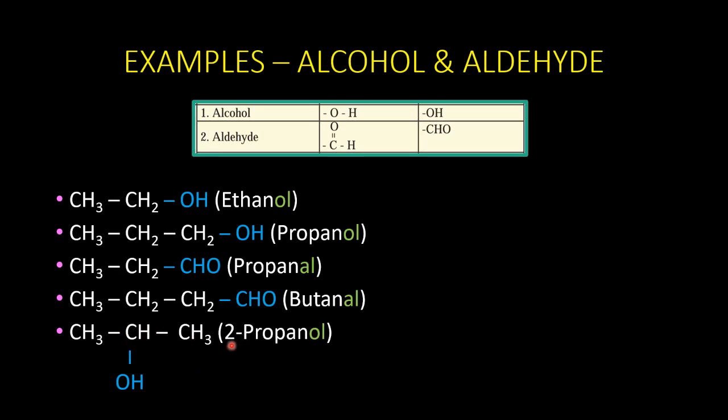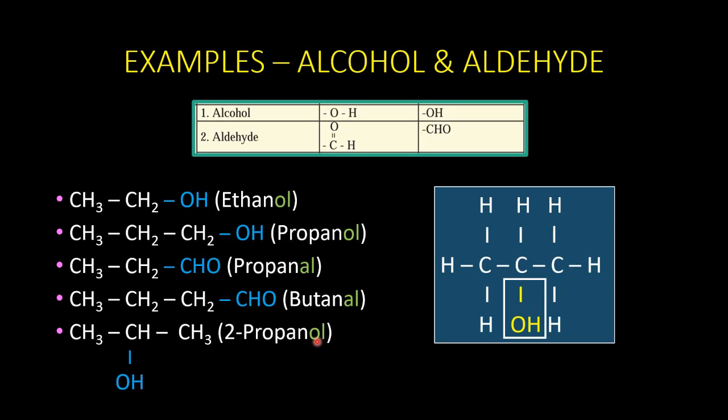So I have indicated the position, and the number of carbon indicated by the name PROP means that 3 carbon, and ANOL, A indicates that it is a saturated hydrocarbon, OL indicates the presence of alcohol group, and this is the structure of 2-propanol. You can count the number of carbon atom and you can check the tetravalency of the carbon atom.